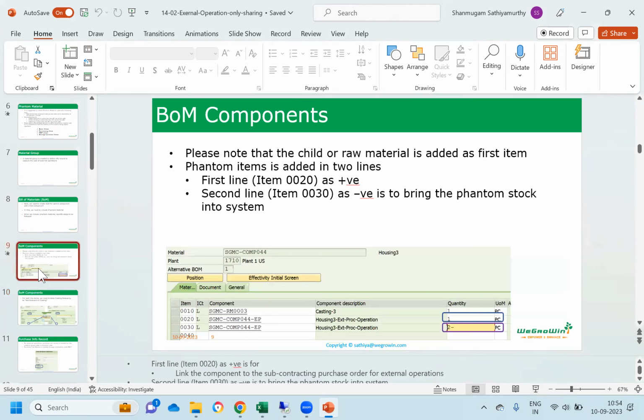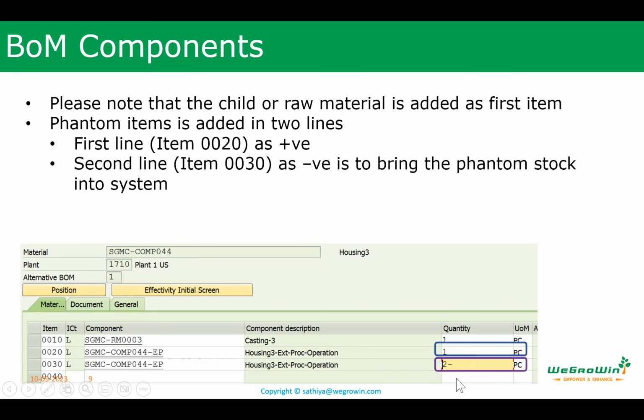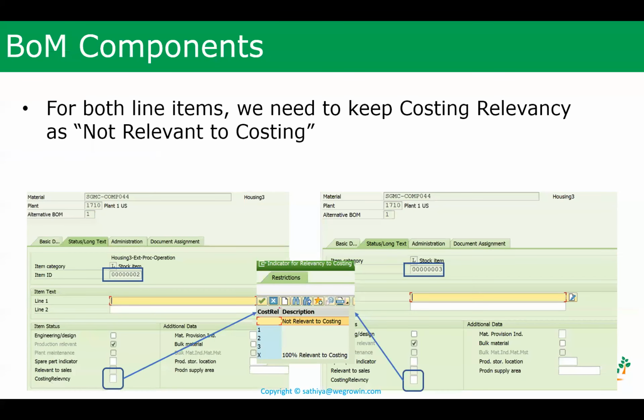What I captured here. So BOM component, as I told, here you add it. Again, here I put -2. Actually, it should be -1 only. And then in BOM, the costing relevancy was there. Now, when you are going for an individual item, we have to remove the costing relevancy, because it is not related to costing.